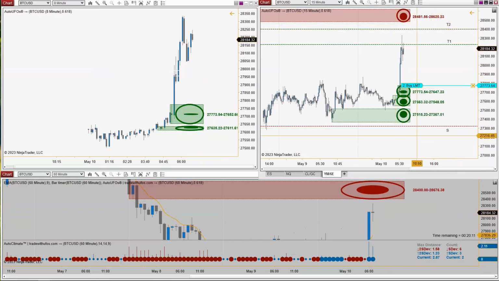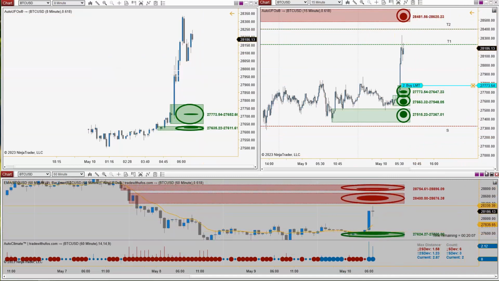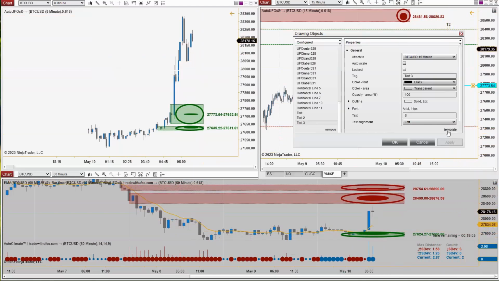And that's our trade setup, right? So we're looking to get in long at 27,773.54. Our stop is down here at 27,317. We can always just round it up if you want.